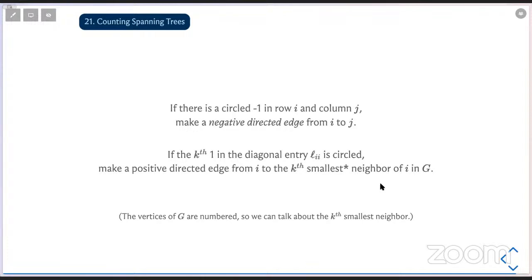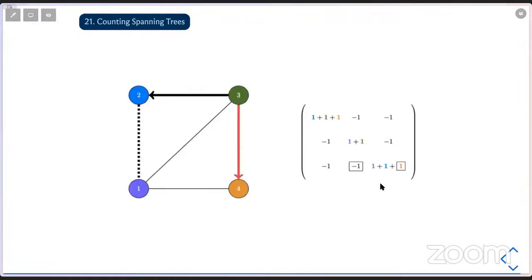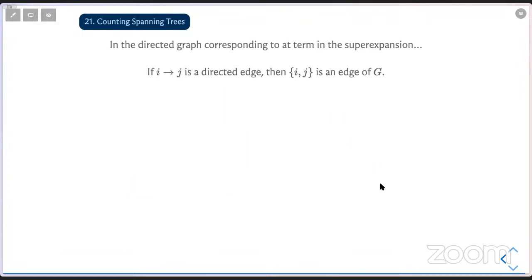I should have actually gone back here where it's written out, but hopefully we can keep this at the back of our minds. And let's go back to these properties. So we do know that every time we put in a directed edge from i to j, then that pair ij was an undirected edge back in the graph G. Hopefully this is clear, because the directed edges are only either coming from -1 entries, which literally represented edges by definition, or it's coming from the +1 entries on the diagonals, where we kind of made explicit an association of how the +1s correspond to edges.